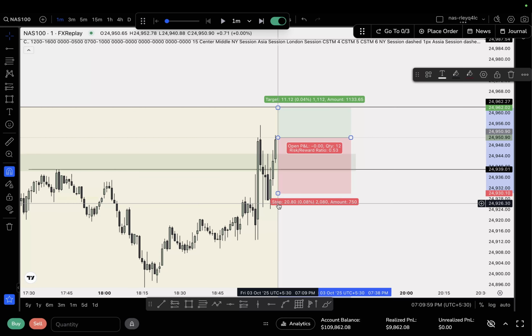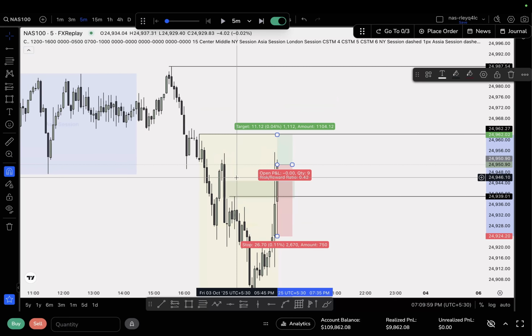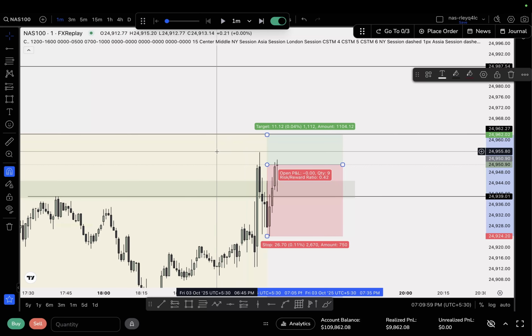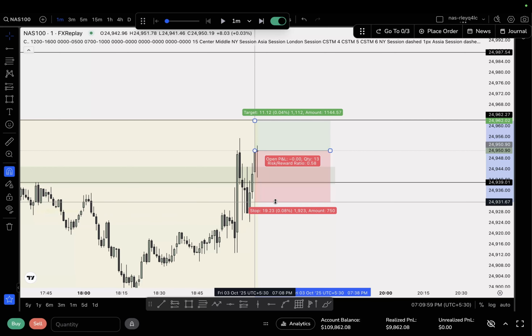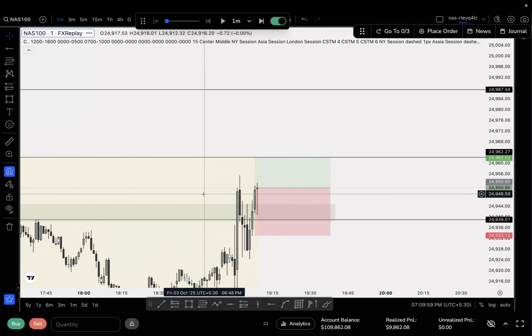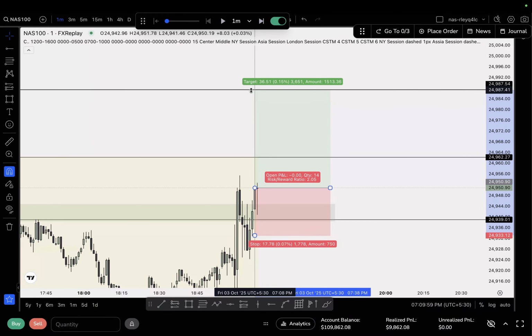Long the 5 minute lows right here. I'm gonna have to sacrifice my stop loss to get a. Let's target this high.